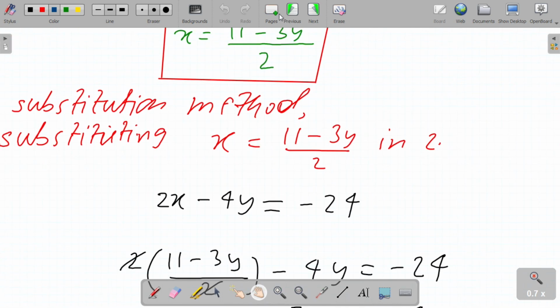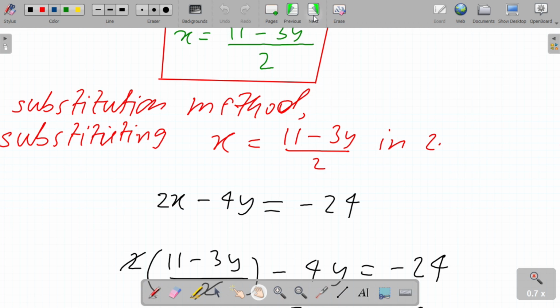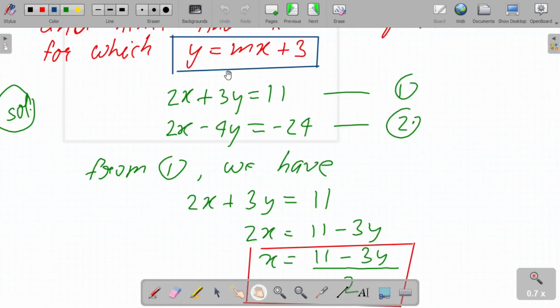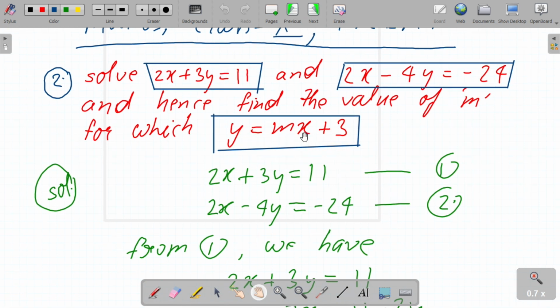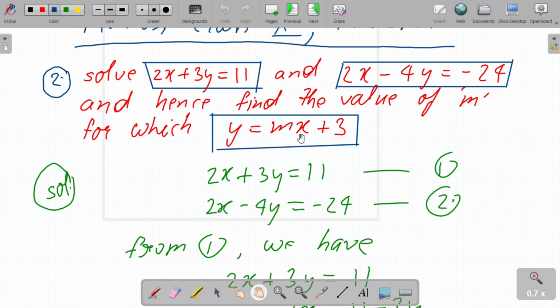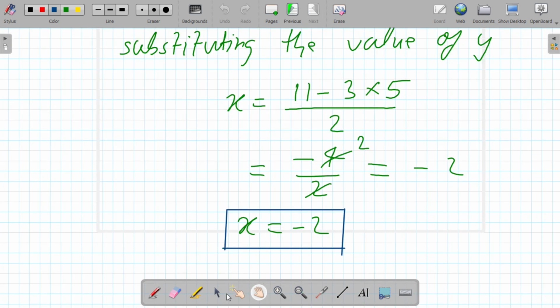Okay, so what was the question? Our question was y equals mx plus 3. So we found the value of y, we found the value of x. Now we are going to find the value of m. y equals mx plus 3.